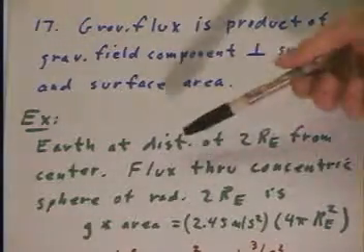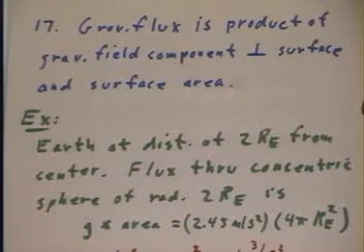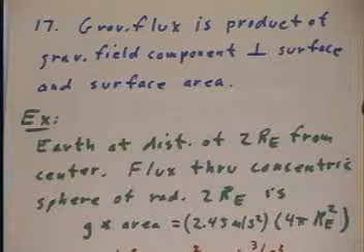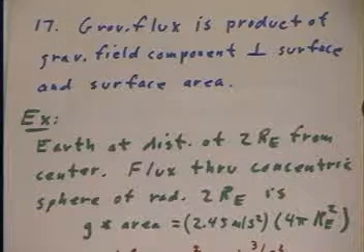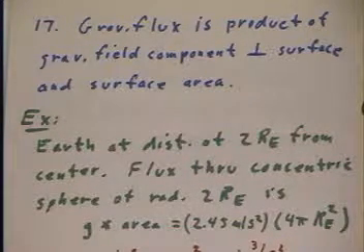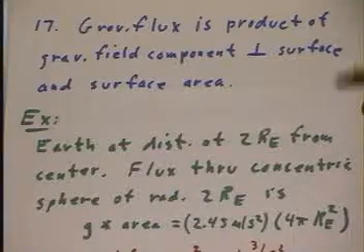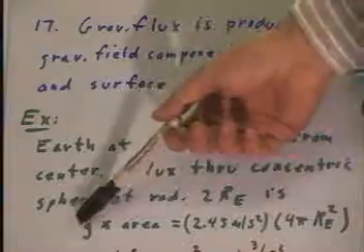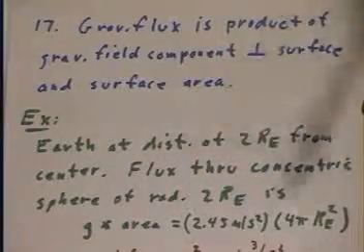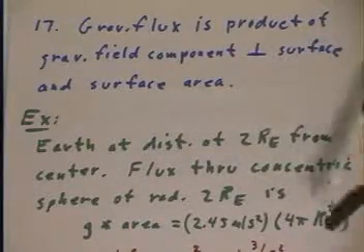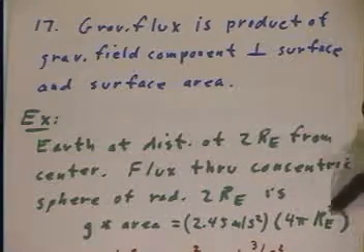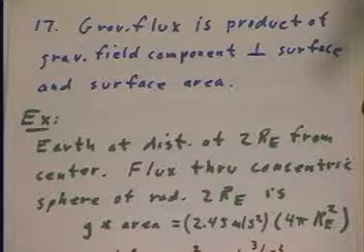First of all, we know that the gravitational field, gravitational acceleration is perpendicular to that sphere just by the geometry of the sphere and the fact that the field is radial with the center of the Earth. And that's going to be just the gravitational field strength then times the area, which is 2.45 meters per second squared times 4 pi times the radius squared. And that's the area of a sphere.